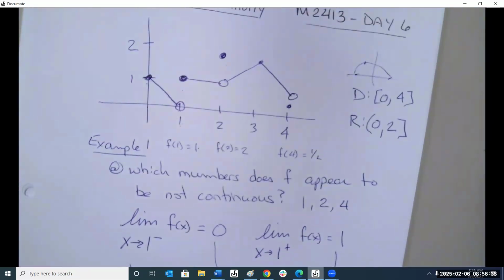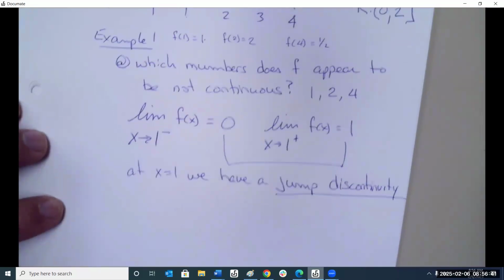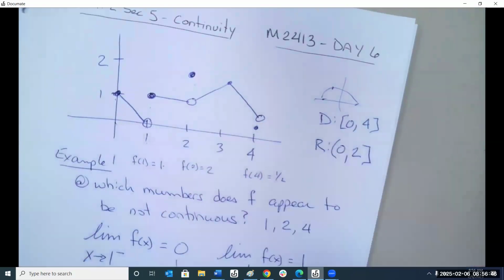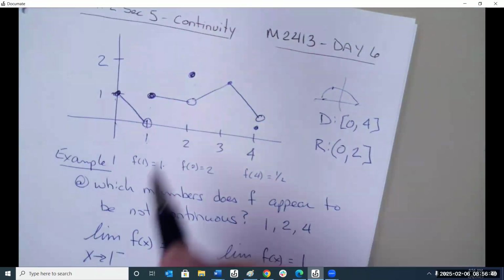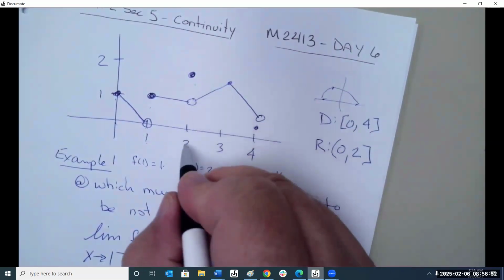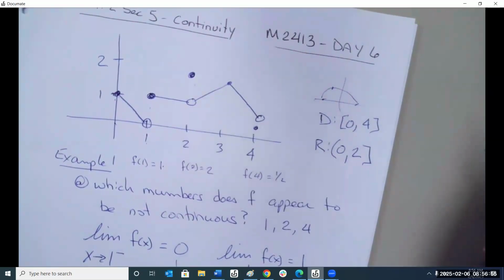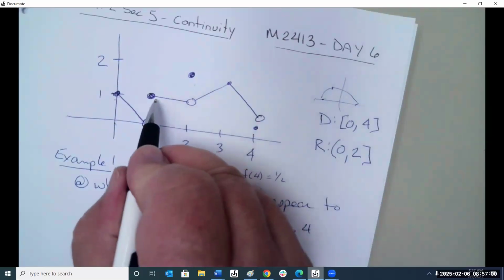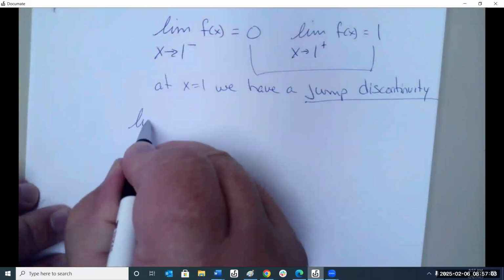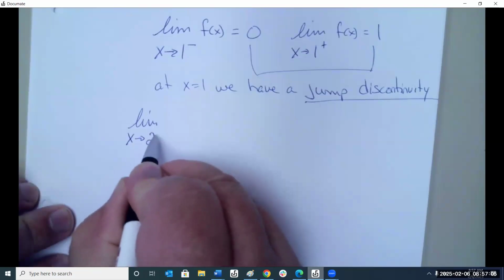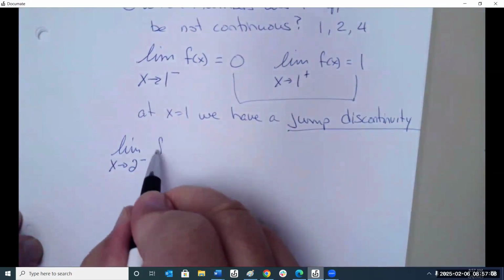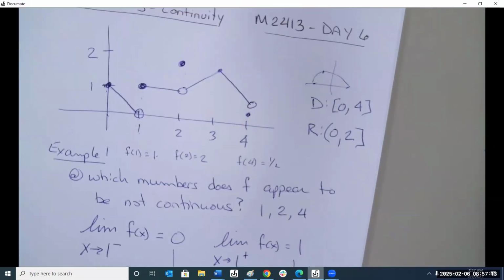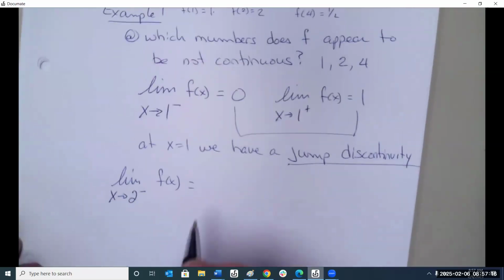So, okay, now again, a jump discontinuity is if you're approaching the limit to a value and it approaches 2 different numbers. As opposed to that, what's happening when you get closer to 2? Is it continuous? No, but what's happening there? As we go from x to 2 from the left, what is the function approaching? 1.